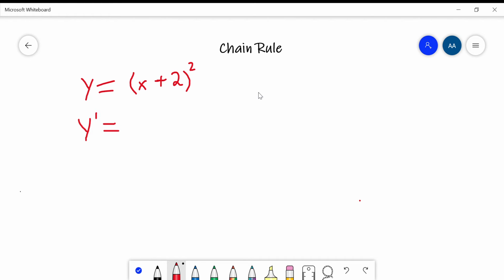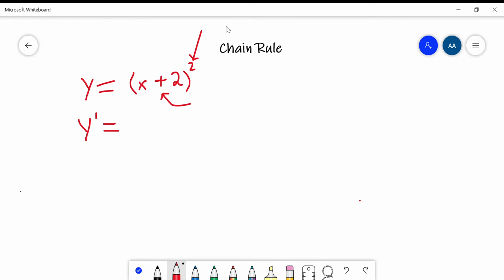So what we would do in this case is use something called the chain rule, because what we have here is, if you think about it differently, a function x plus 2 inside of another function. It's kind of hard to grasp the first time, finding the inner function and the outer function.